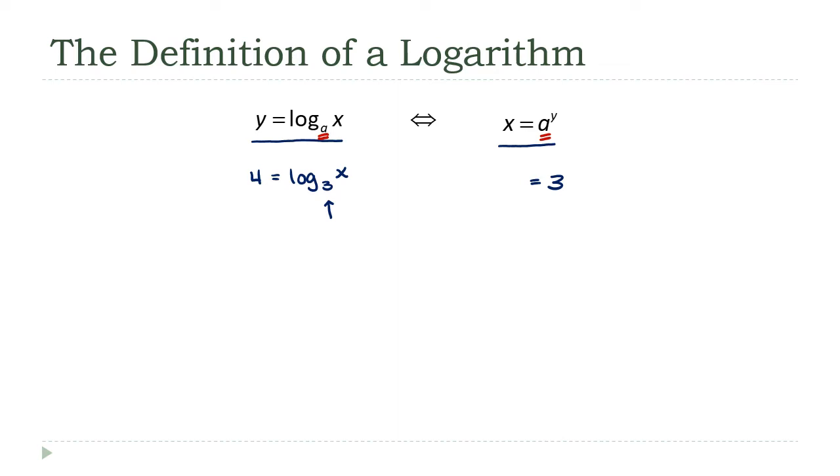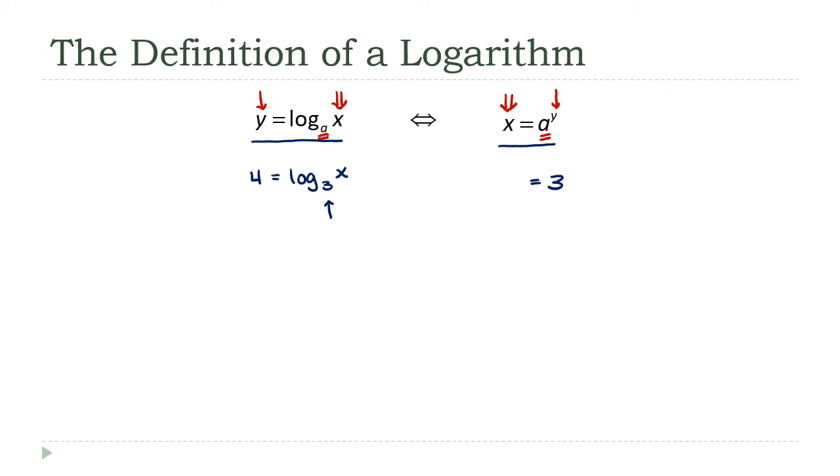Right, now the next thing I want you to notice is the other two parts of the equation have switched sides. The number that was on the left side over here is on the right side over here. And the variable in this case, the thing that was on the right side in the logarithmic equation, is on the left side in the exponential equation.